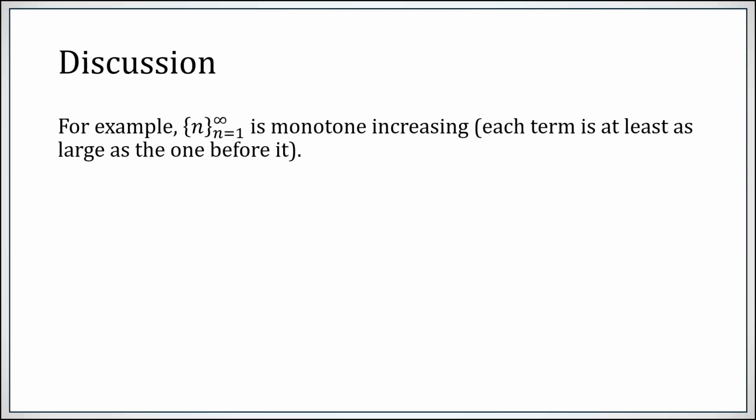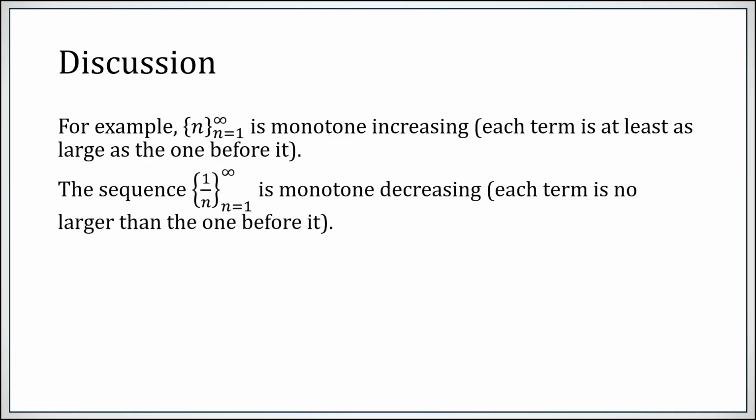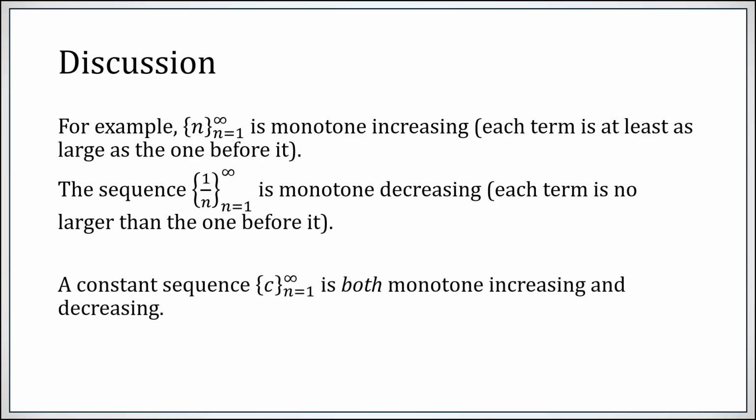So let's take a look at some quick examples. The sequence of just n, 1, 2, 3, 4, that's monotone increasing. Every term is bigger than or equal to the one before it. 1, 1/2, 1/3, 1/4, that's monotone decreasing. Every term is less than or equal to the one before it. A constant sequence is actually both. If you simply repeat the same number over and over again, you are both bigger than or equal to and less than or equal to the one before it.